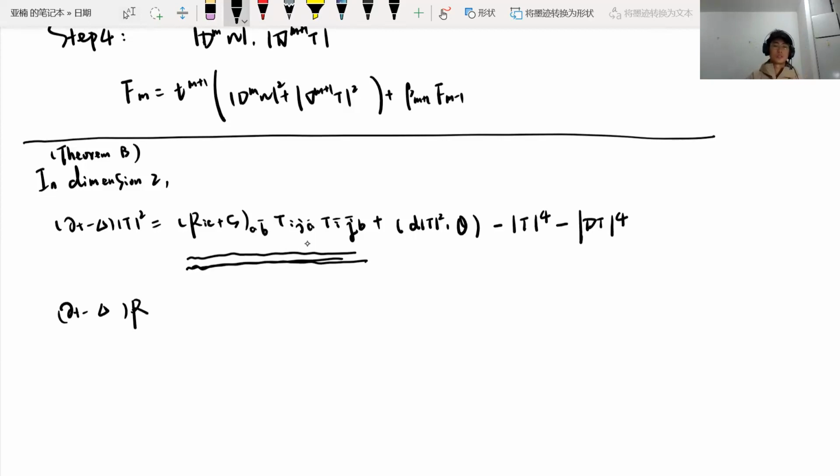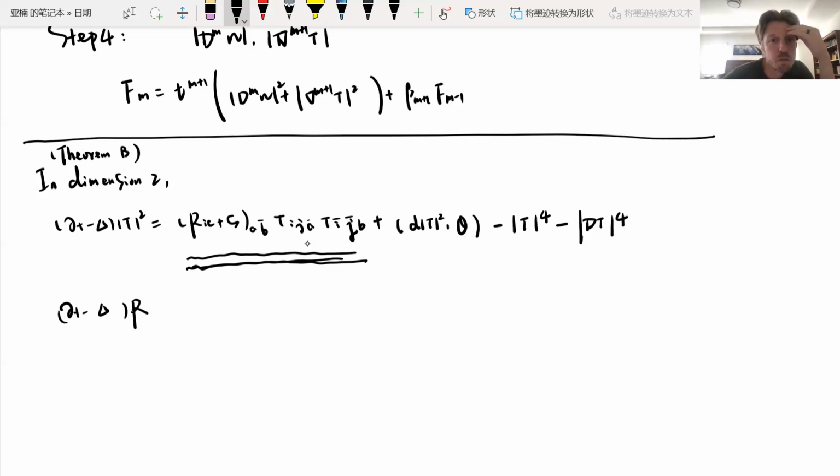Although there are many other terms like this, they have a different type of structure. So maybe we can get a good estimate.